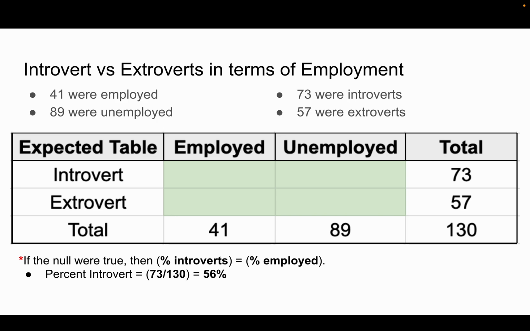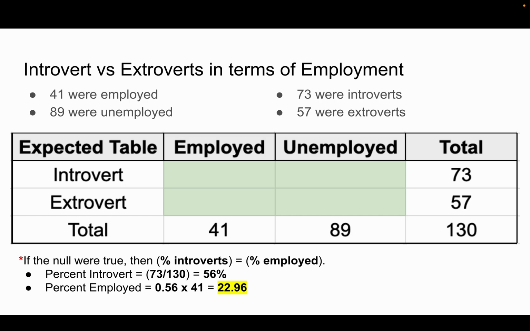We do that by taking our total introverts divided by our total sample. So we had 73 introverts divided by our total sample size of 130. That's 56%. So if our null were true, 56% of the employed should be introverts.